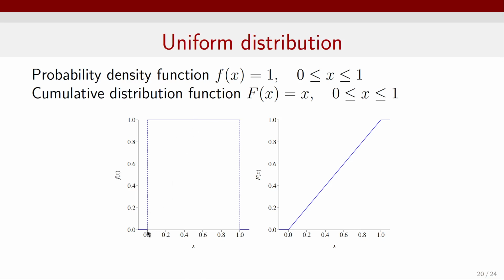So in the end, it's only the integral from 0 up to some value x that counts, and obviously the integral from 0 to x of dx is simply equal to x. So that's the CDF or cumulative distribution function. It's simply capital F of x equals x, with x being from 0 to 1.